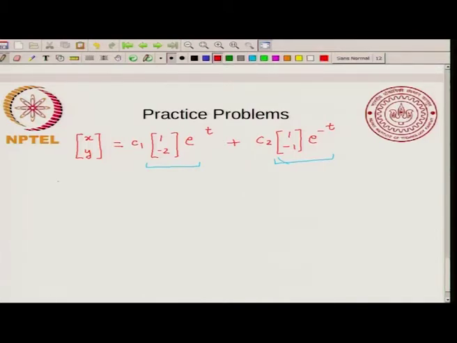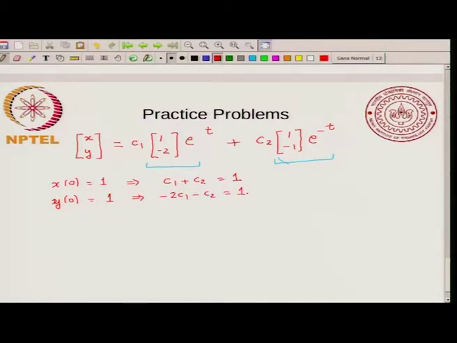We know that x of 0 equal to 1 implies C1 plus C2 equal to 1, since when t equals 0 you just have C1 and plus C2. And then y of 0 equal to 1 implies minus 2 C1 minus C2 equal to 1.